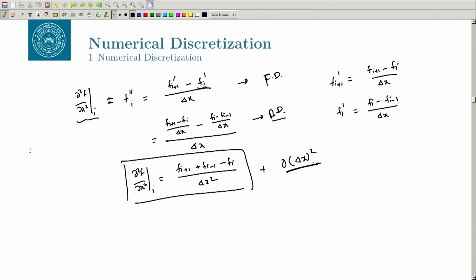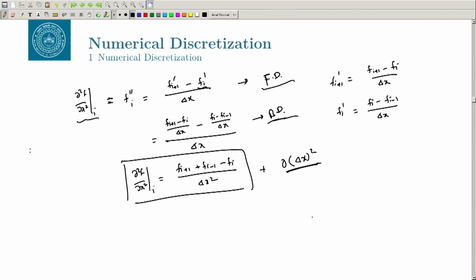We will be using this when we go to two-step schemes like the Richtmyer scheme and some other schemes, the MacCormack scheme. You will see that these formulations are used, where you first use forward differencing and then backward differencing to gain some stability. That we will discuss in the future. Now we have the first order and second order derivatives.